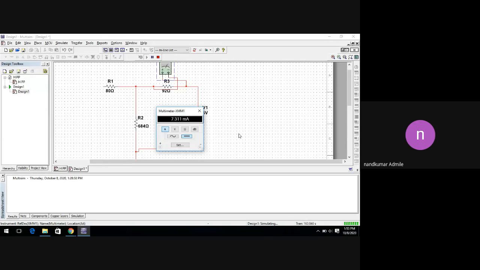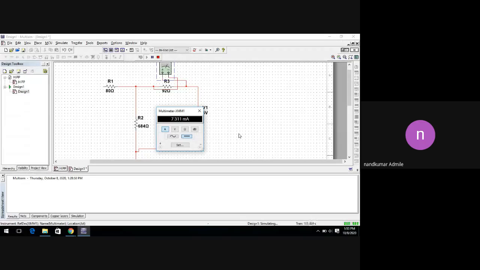Now the third parameter, H21. Tell me the formula for H21. I2 by I1. Very good.